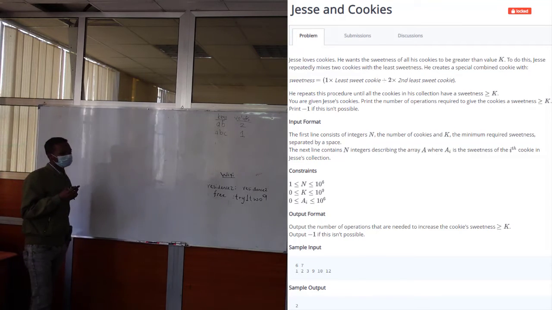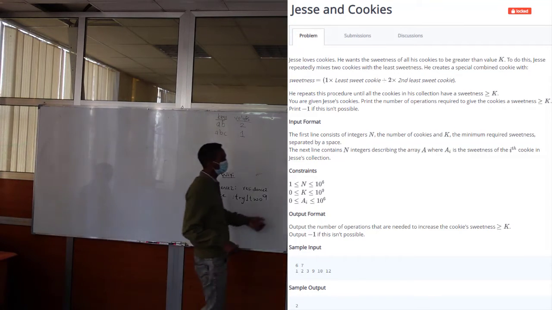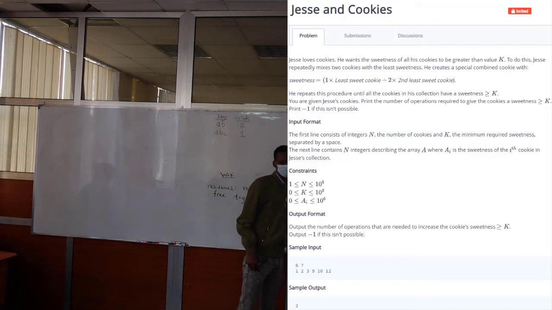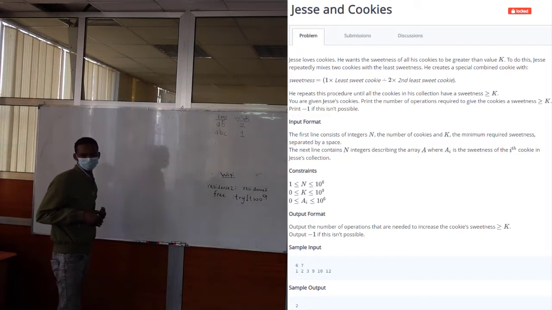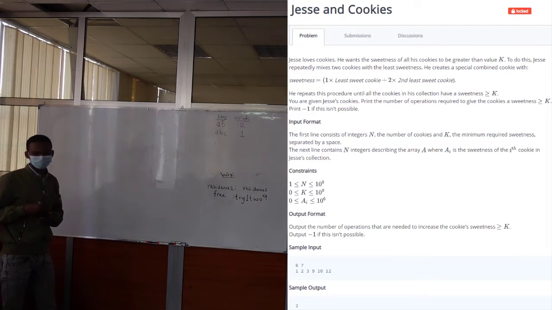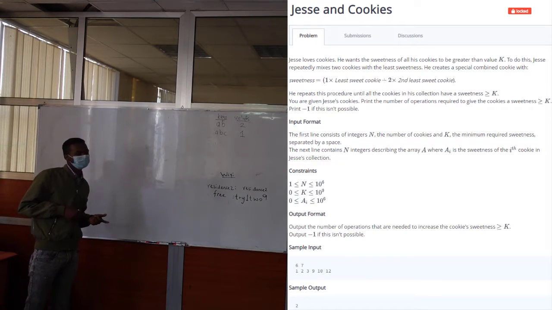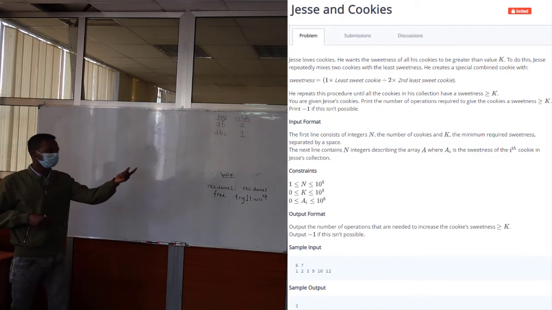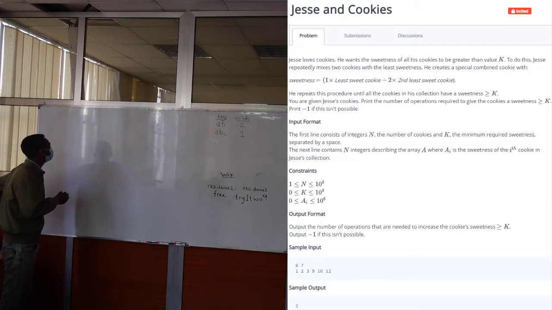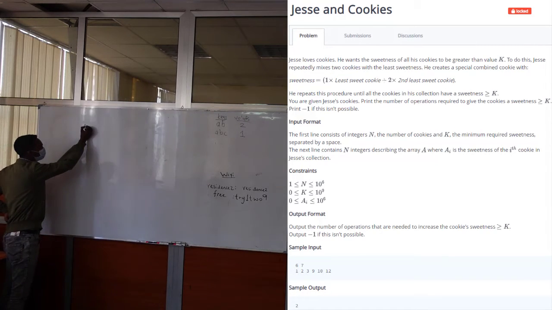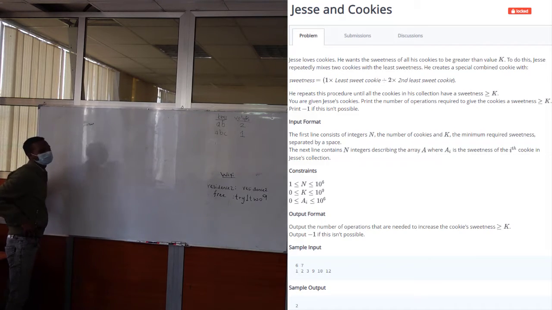Then I could operate on them and add the result back to the list so that I have a cookie with better sweetness, and I have to count every time I improve the sweetness of the cookie. So we are going to have a min heap.